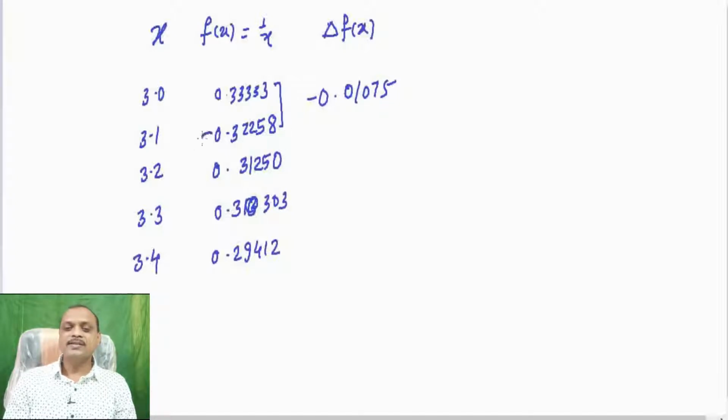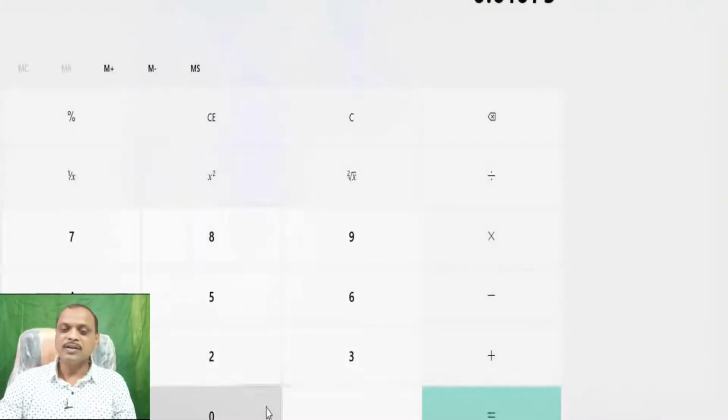Then the next difference of these two values, from this we have to subtract this one. So let us first calculate this difference, and we need a non-programmable calculator to calculate this value.